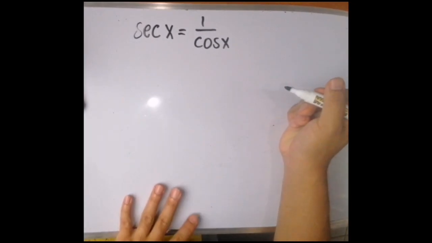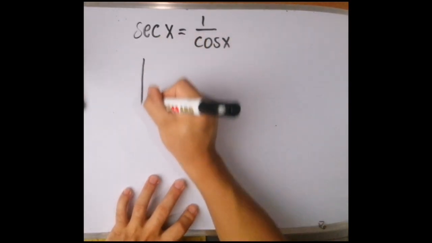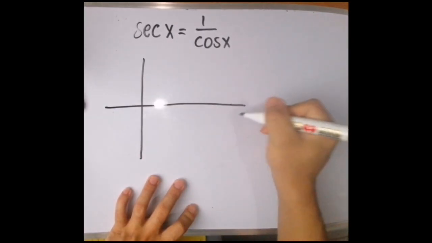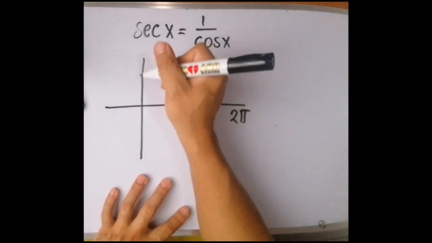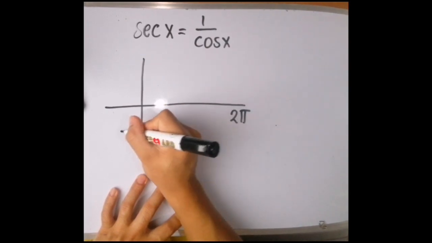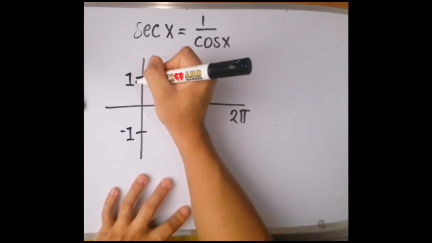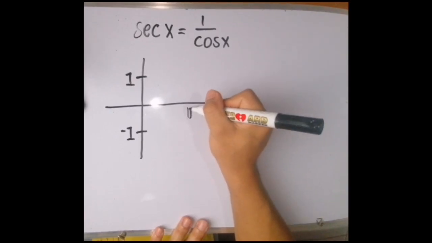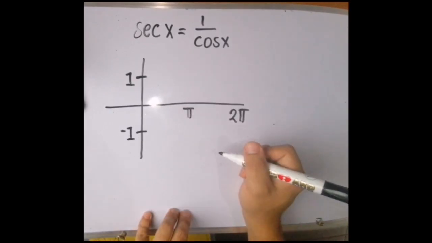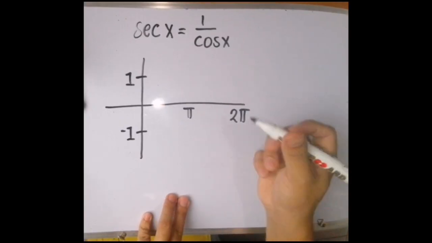As we all know, the period of cosine is 2 pi. So let us draw first 2 pi. And the range is negative 1 to 1. Since the amplitude of cosine is 1, cosine starts at the top, then goes to the bottom.